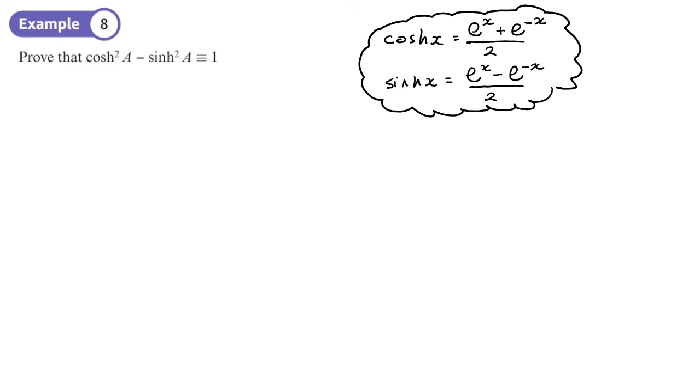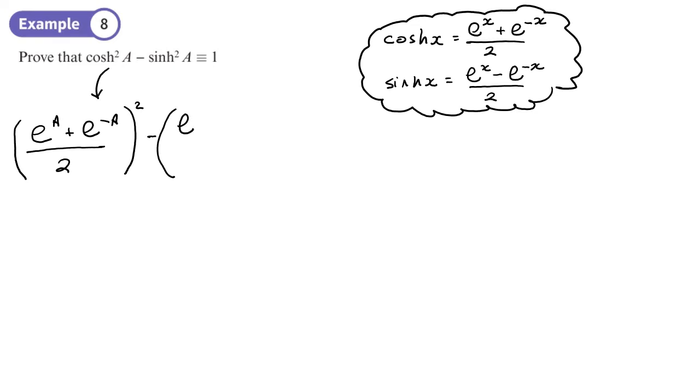So cosh squared, using the letter a rather than x, is going to be e to the a plus e to the minus a, sorry, minus a, not x, made a mistake straight away, all squared, so that's the cosh squared part, and there, minus e to the a minus e to the minus a over 2, all squared.